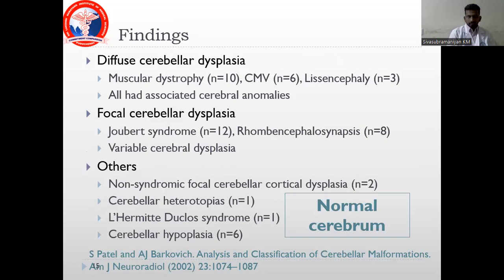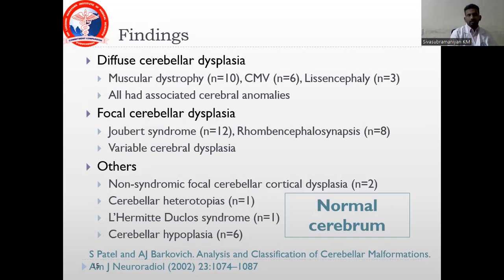So in that particular study, they found that there was diffuse cerebellar dysplasia associated with other congenital abnormalities like muscular dystrophy in Lissencephaly, and some were antenatal cytomegalovirus infection, and all had associated cerebral abnormalities.